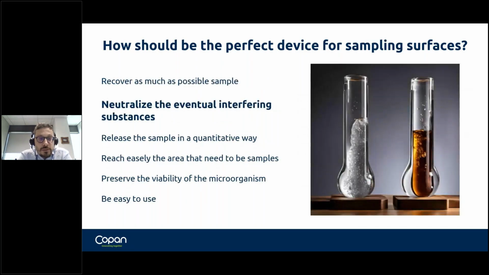The collection device should also be able to neutralize eventual interfering substances, the ones we were talking about before, because if I'm collecting something together with my microbiological analyte that can interfere with its detection, that's a big problem. So that's why I should be able to neutralize or remove in some way the interfering substances that can negatively affect the analytical process.